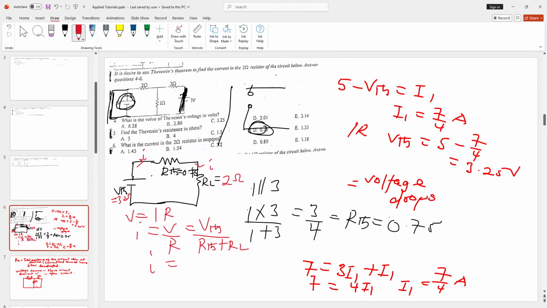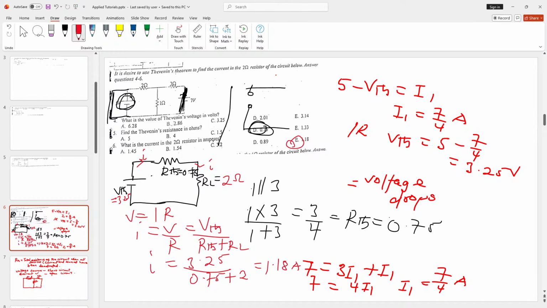So I is equal to VTH, which is 3.25, over RTH, which is 0.75, plus RL, which is 2. If you punch this, you are going to get 1.18 amps. So that is the current that is flowing through this 2 ohm resistor here.